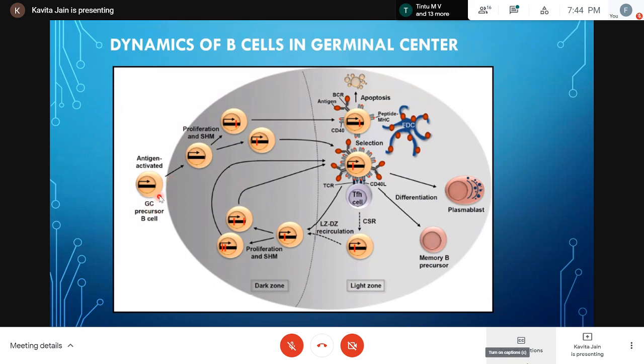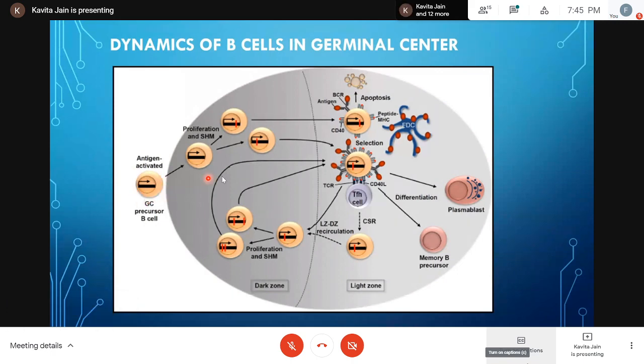Now, normally when an antigen comes and attacks, an early immune response takes place. The naive B cells, which have the immunophenotype of IgM and IgD, get activated and come in contact with specific T cells along the interfollicular area, that is the junction.